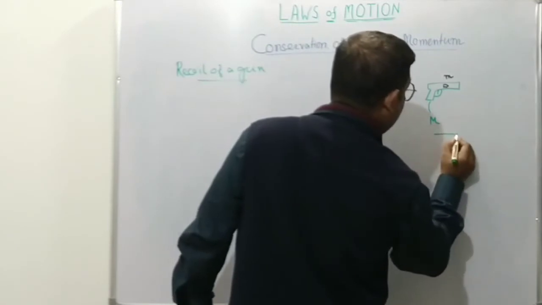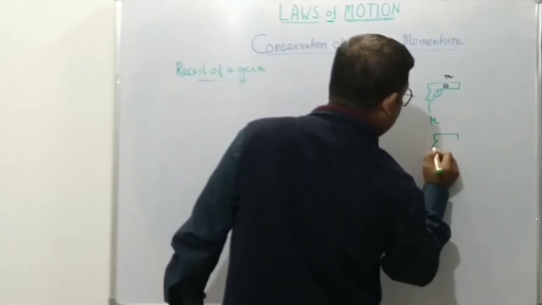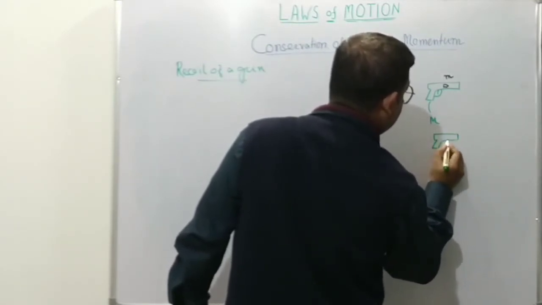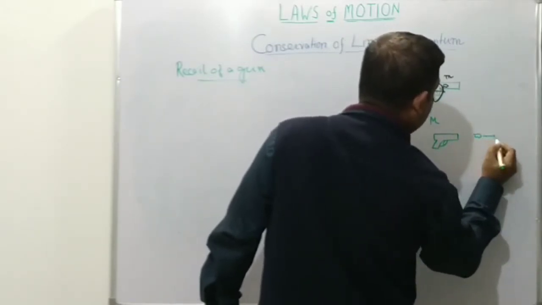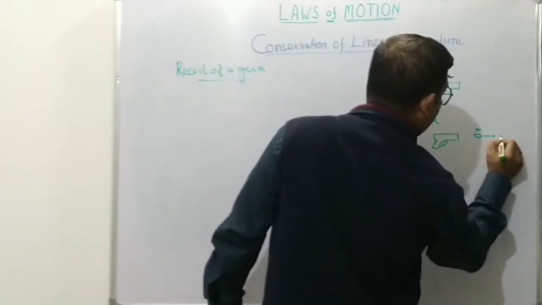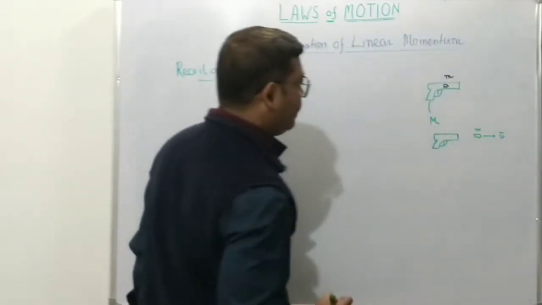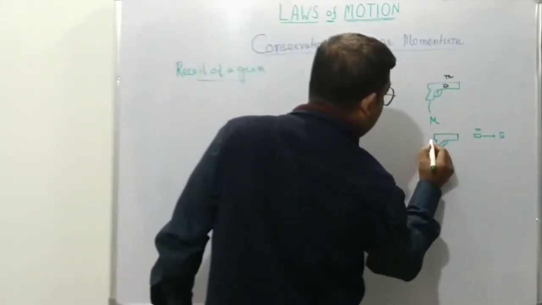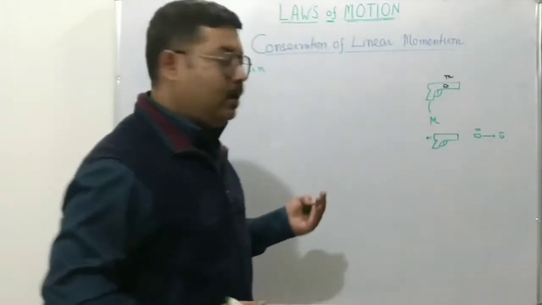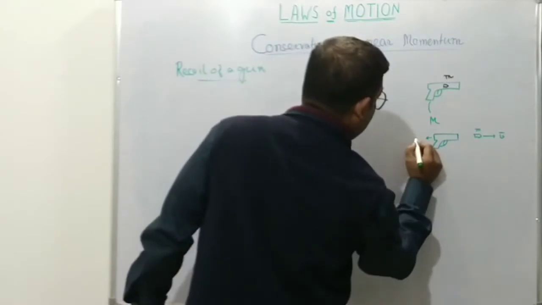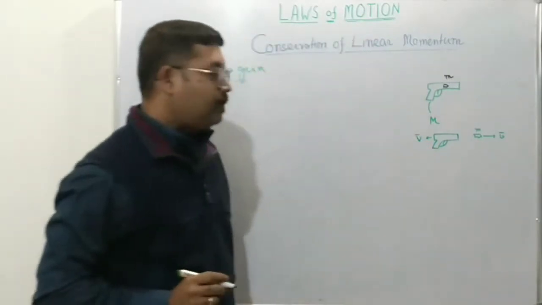So if the bullet is fired from the gun with some velocity v, then the gun will also experience a backward velocity, say V.